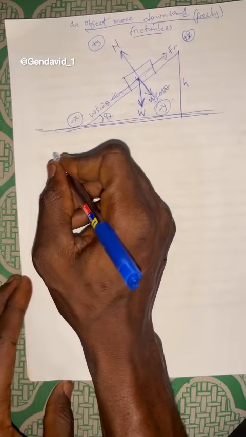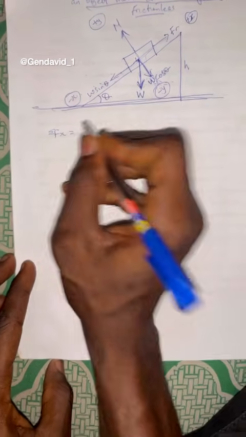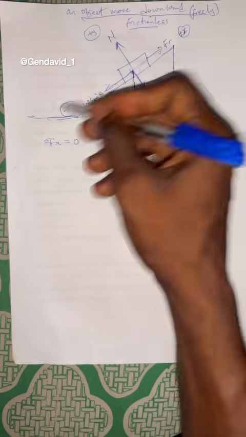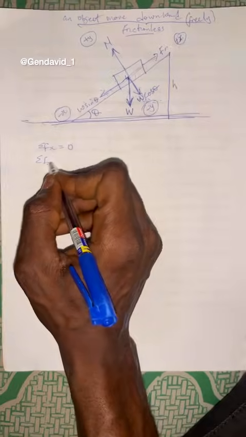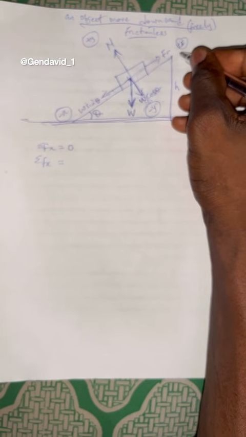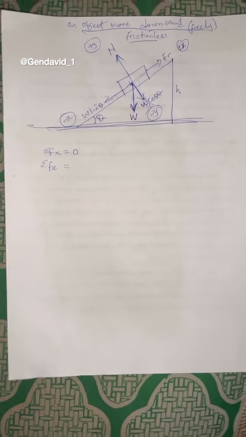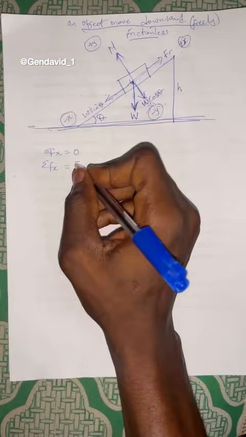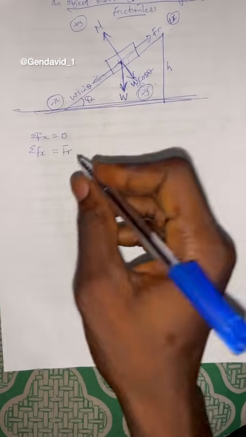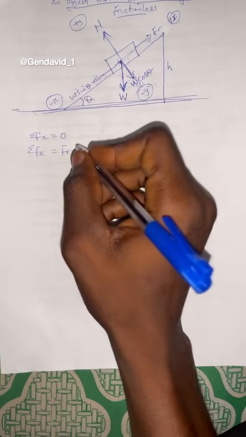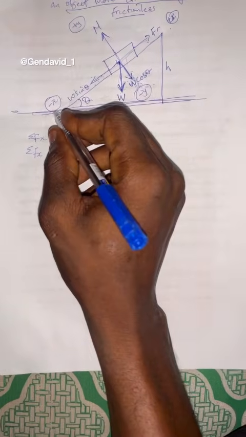Now let us sum this together. The summation of the forces towards x is 0. So the summation of Fx is equal to, since this one is going towards positive x, we have Fr here, positive. Then this one, take the minus.